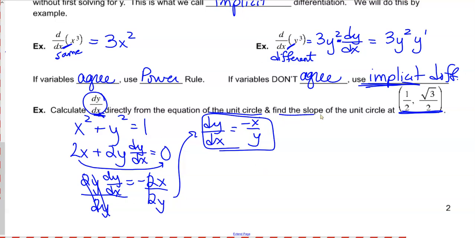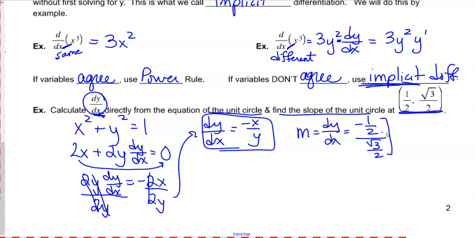So now let's go ahead and find the slope of the unit circle. So m, which is equal to our dy over dx, is equal to the opposite of x over y. So the opposite of x is negative 1/2 over the y value, which is root 3 over 2. And at this point, you can rewrite the first one and multiply by the reciprocal of the second because you're dividing two fractions.